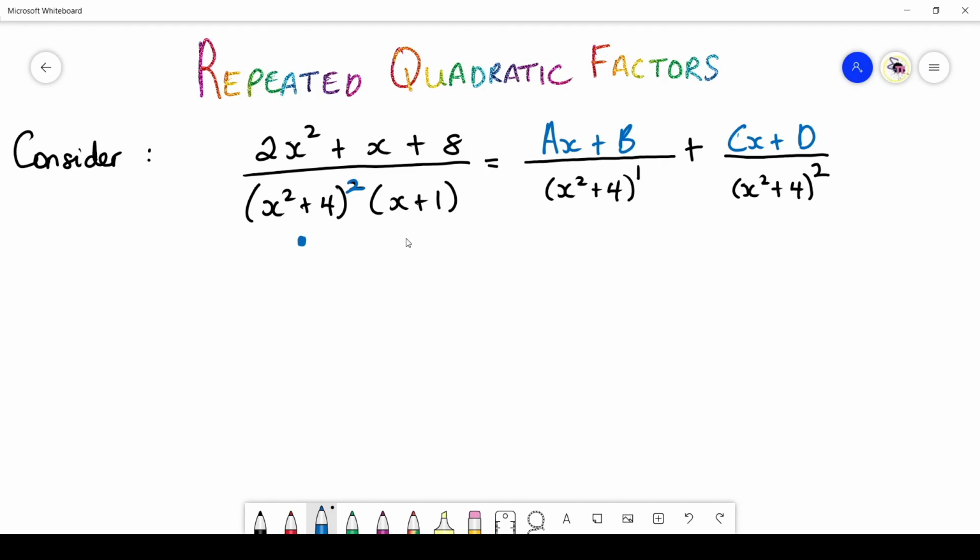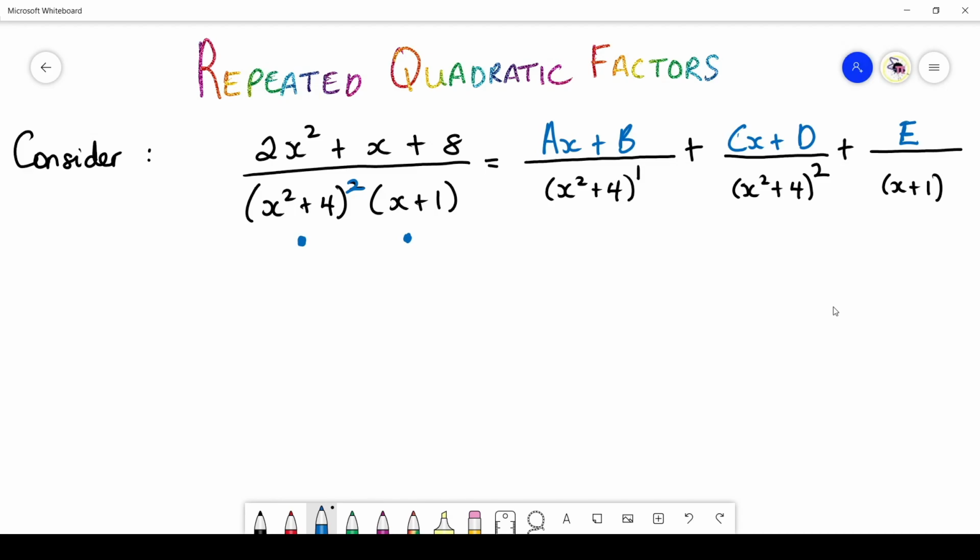Now our second factor, if you look at it, is not repeated. So we're actually just going to have 1 split present, and we're going to write that factor x plus 1 on the denominator there. And then to figure out what goes on the numerator, we look within bracket. Within bracket, x plus 1 is not a quadratic. That's a linear factor. And for linear factors, our associated numerator is simply 1 letter, 1 variable.